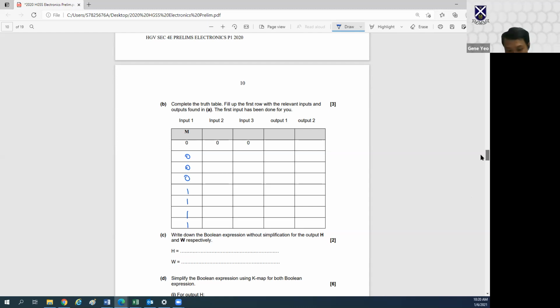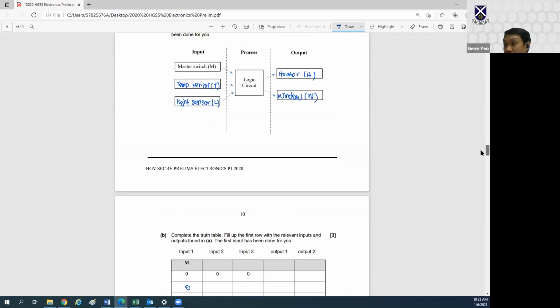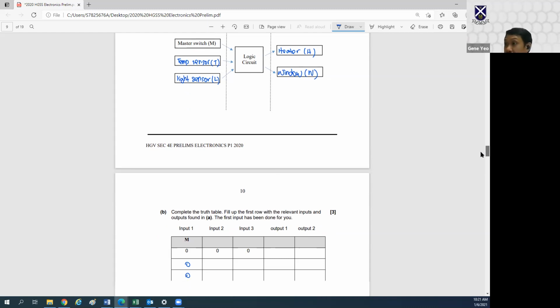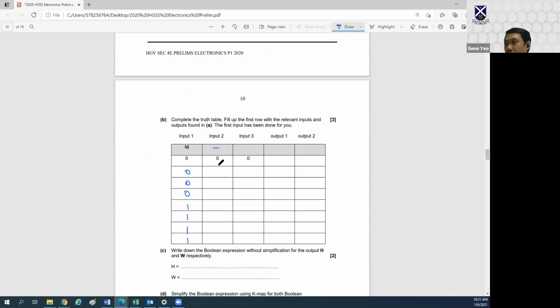Our second input was temperature sensor, T. So the second one is always 0, 0, 1, 1, 0, 0, 1, 1. And the third one was the light sensor, L. So the third column is always 0, 1, 0, 1, 0, 1, 0, 1. The outputs, we had 2 outputs, were window and the heater.